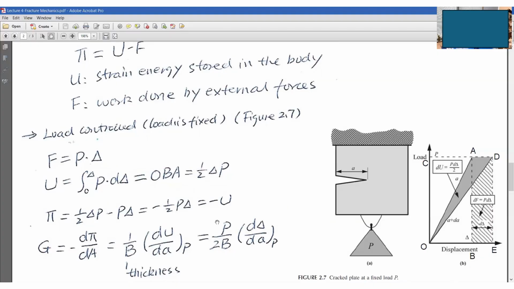The work done by the external force P is F equals P multiplied by delta. So I have this delta and P, the load multiplied by delta equals the work.